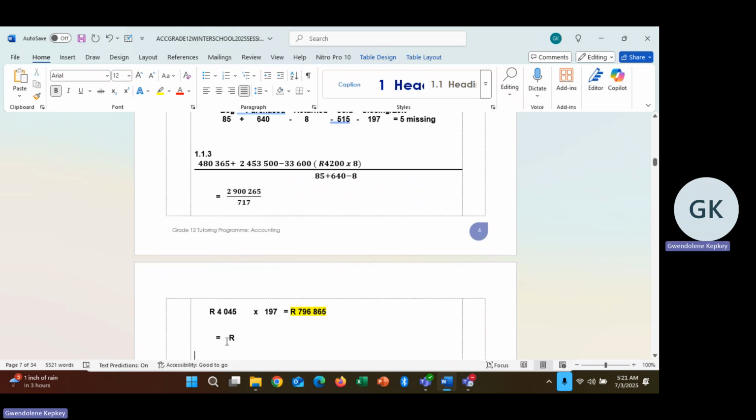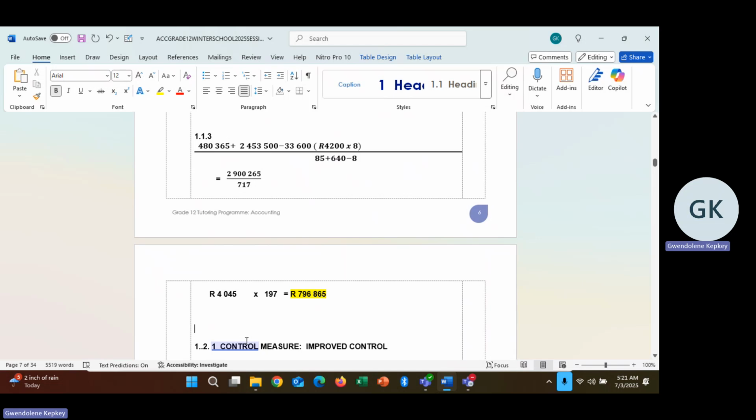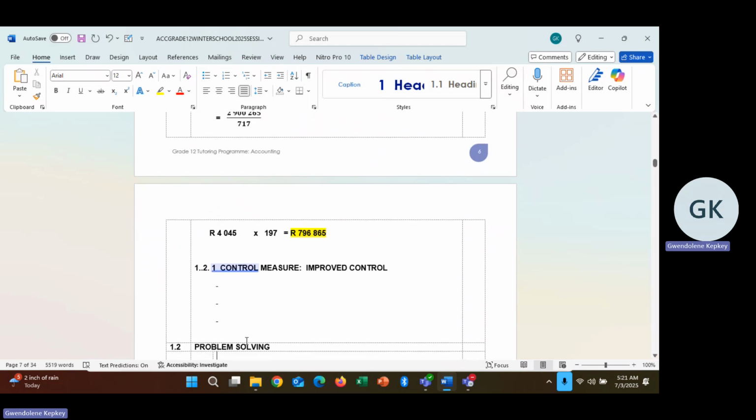Okay, so we've done it over there, so ma'am can delete that. So we have now done question 1.1.3. I hope you have come to that answer. Now the next question, grade 12, speaks of measures of control that need to be put in place.